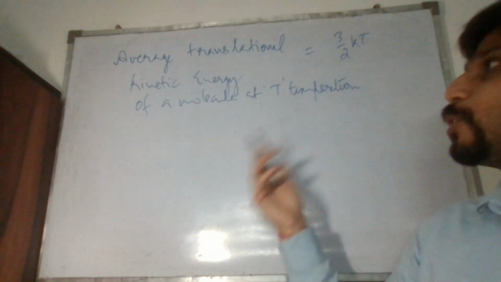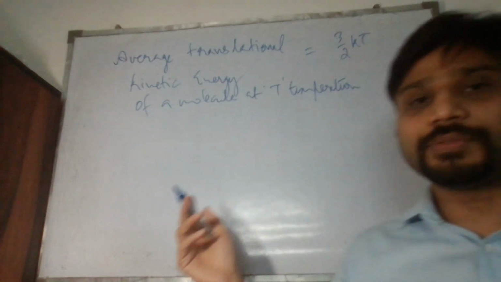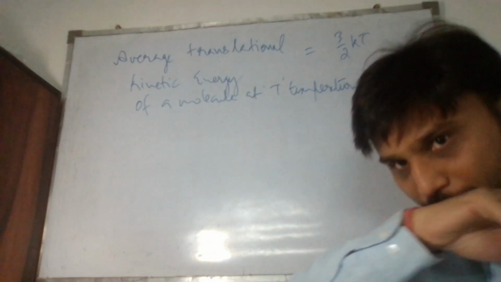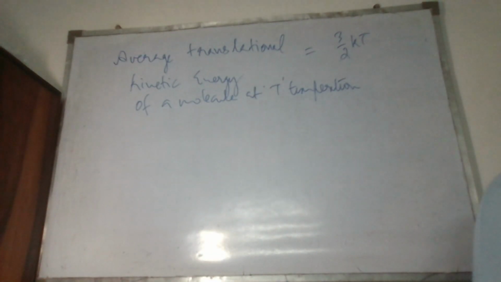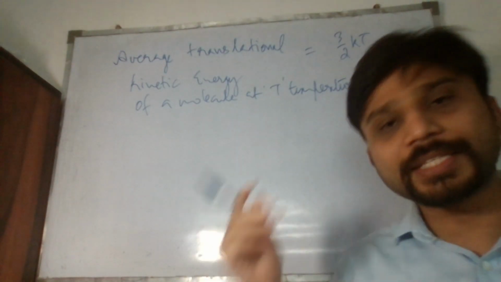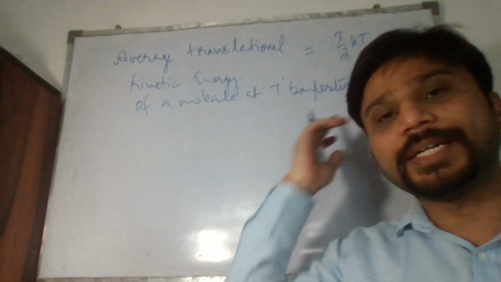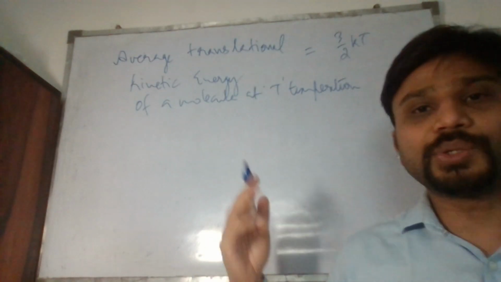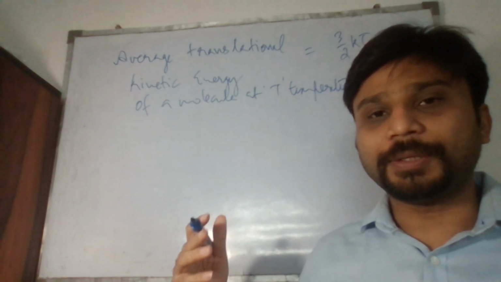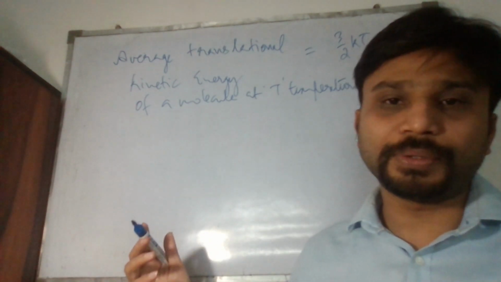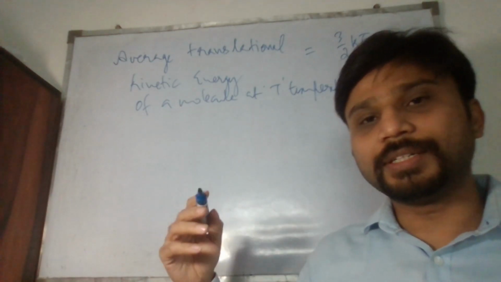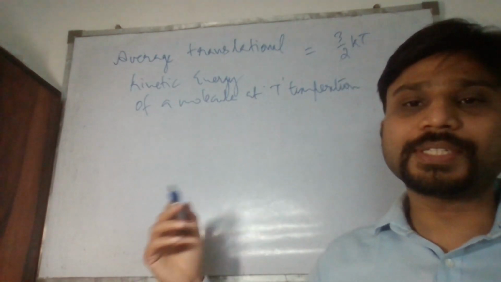Mainly, if we have a diatomic molecule, the translational kinetic energy remains the same value, that is 3 by 2 kT. The total internal energy of the gas, if it is diatomic or triatomic, is the degrees of freedom times kT by 2.